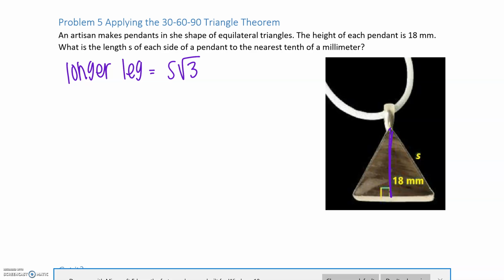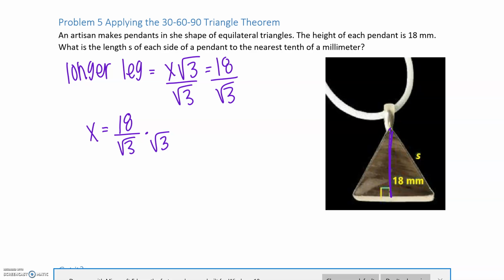Well, I'm going to change this. This isn't going to be s, this is going to be x. So we know that equals 18. We're going to divide both sides by the square root of 3, which leaves us with x equals 18 divided by the square root of 3.